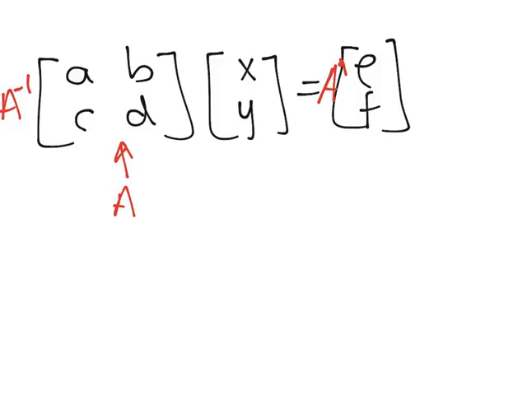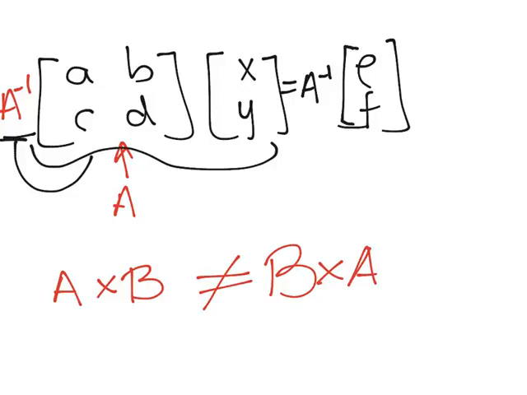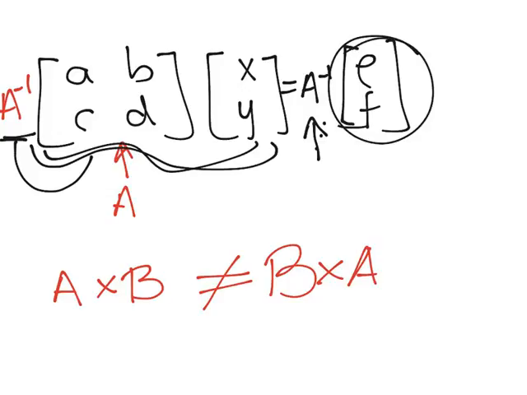But remember that multiplying A times B is not the same thing as multiplying B times A. So for example here, since we are multiplying the inverse of A to the front of these two matrices right here, we want to also multiply the inverse of A to the front of this matrix: A to the negative 1 times the matrix with e and f.